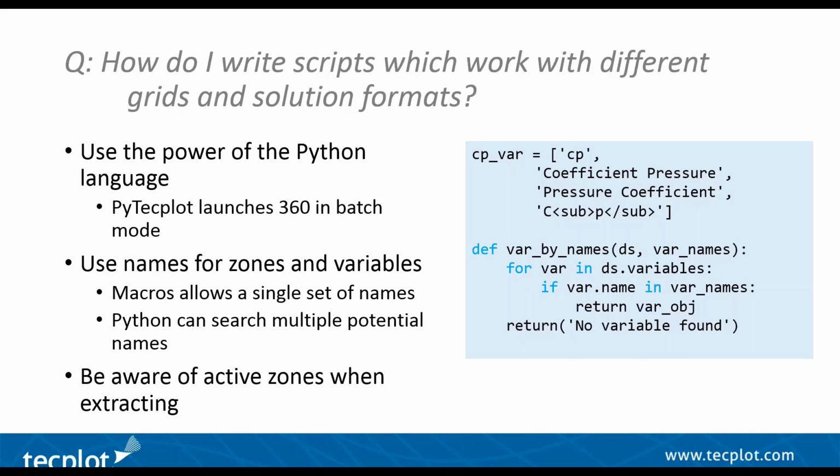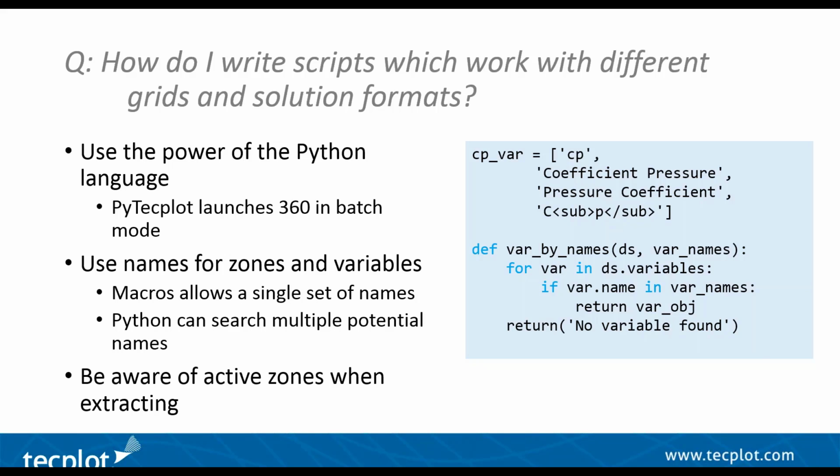How do I write scripts which work with different grid and solution formats? So to have it work across multiple grids and solutions, which the High-Lift Prediction Workshop is really looking at, comparing different solvers and grid densities, the best tool is to actually use the power of the Python language with PyTecplot.